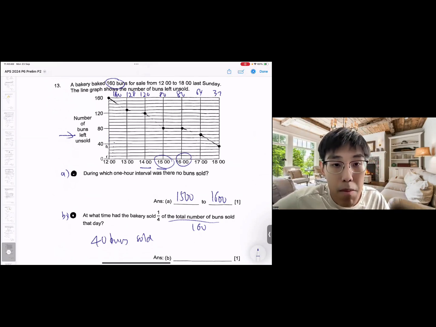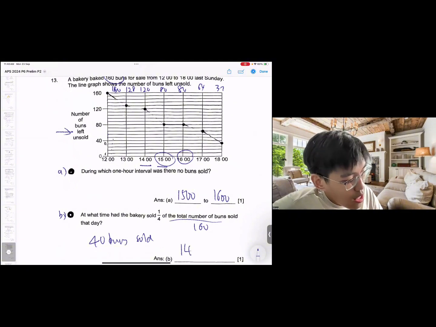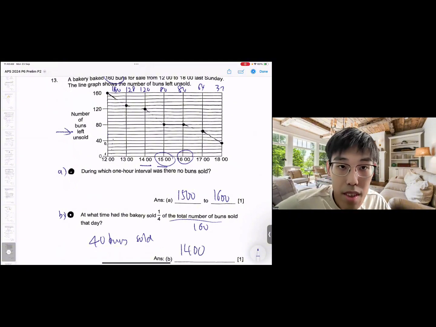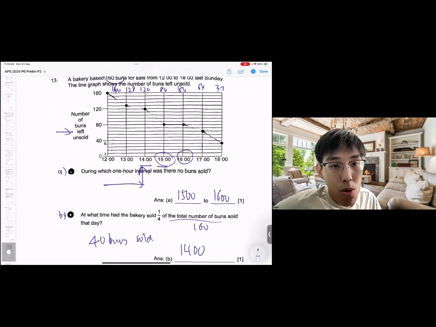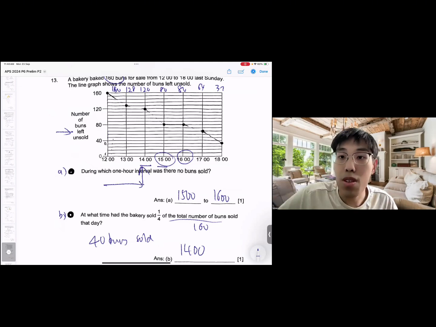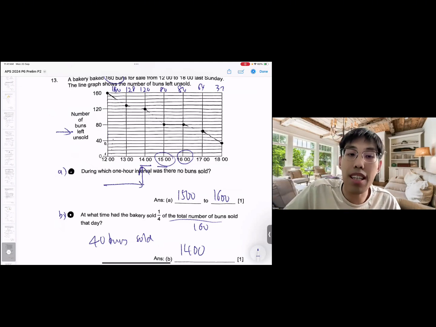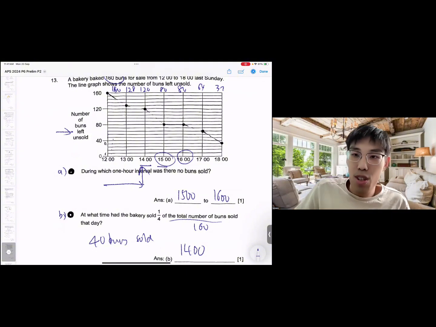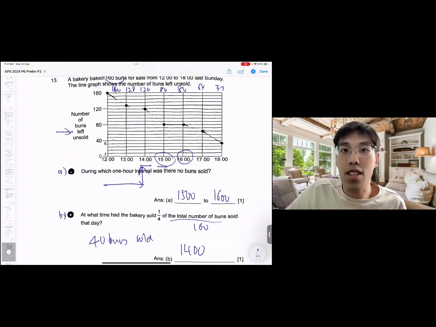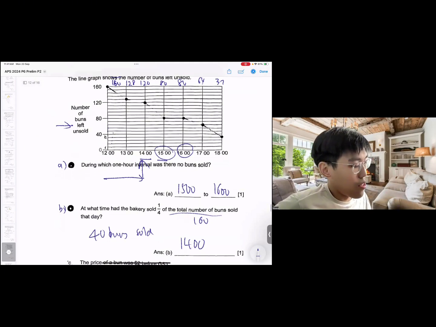So at what time had the bakery sold? 1400. Because from the start until now, 40 buns were sold. It's not which interval did they sell 1/4. It's at what time had the bakery sold. So a bit of wordplay over there, just need to take note. Okay, answer 1400.